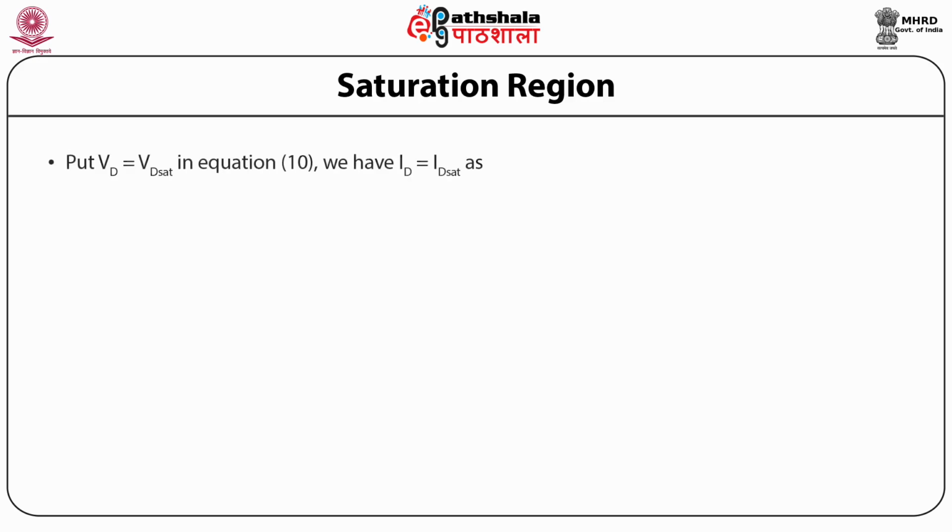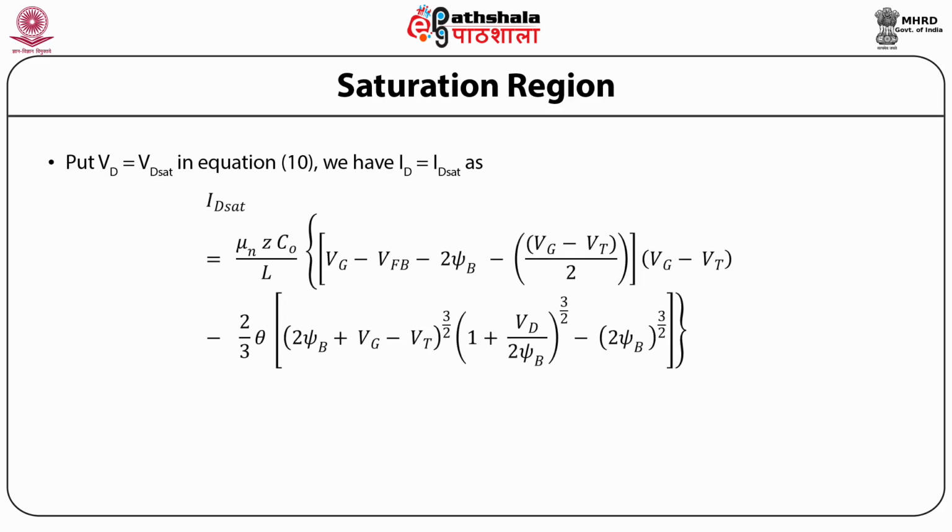Vt. Now putting the value of Vd equal to Vd saturation in equation 10, we get Id equal to Id saturation as Id saturation equal to mu n z C naught multiplied by [Vg minus Vfp minus 2 psi b minus (Vg minus Vt) by 2] multiplied by Vg minus Vt minus 2 by 3 theta multiplied by [(2 psi b plus Vg minus Vt) to the power 3 by 2 multiplied by 1 plus Vd by 2 psi b to the power 3 by 2 minus 2 psi b to the power 3 by 2].